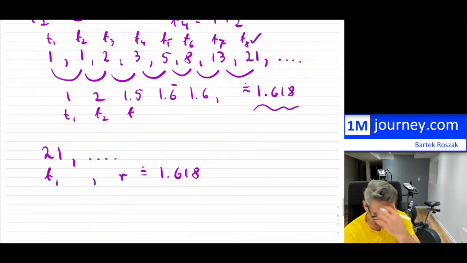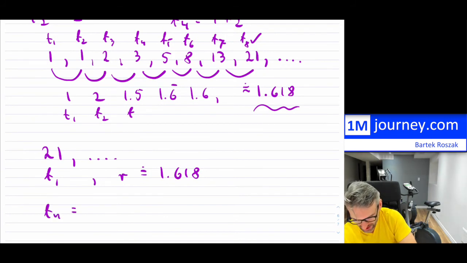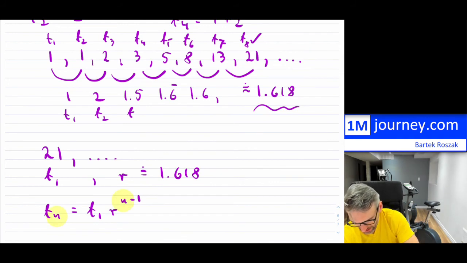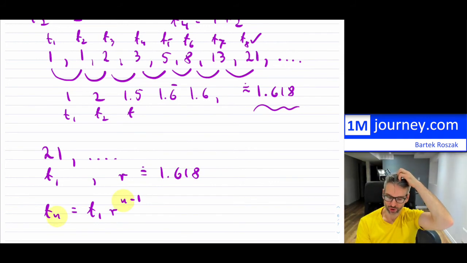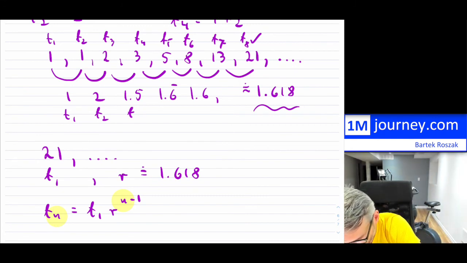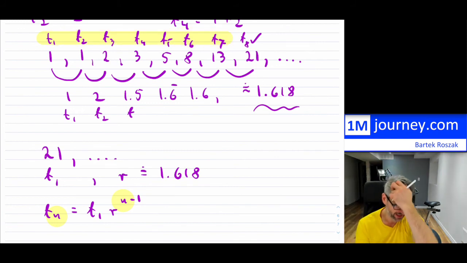And if you have that, then remember from the geometric sequence, we can find T1 R to the n minus 1. Of course, this n right here, you have to be careful, don't plug in 100, because if you plug in 100, you will actually find more terms since you're skipping these terms right here. So let's say I started from 21. Now you can start at even 13. It would still give you a pretty good approximation.